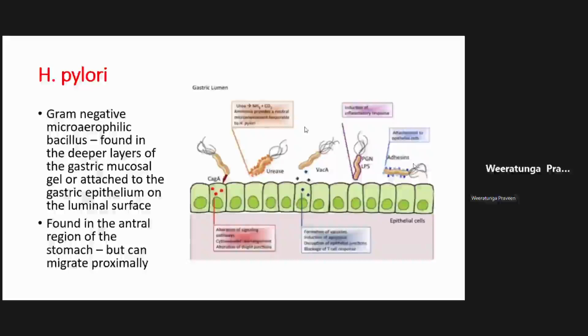So urease is an important thing that this organism produces. Additionally, it also has various other antigens, like CagA as an example, and BabA. So various pathogenic antigens are also present in these organisms.